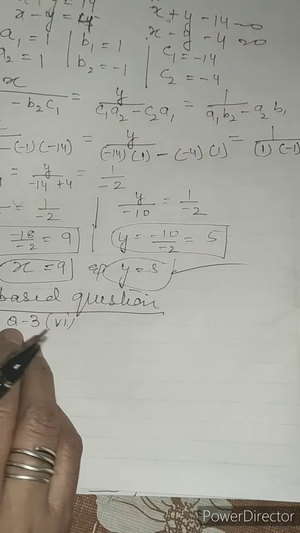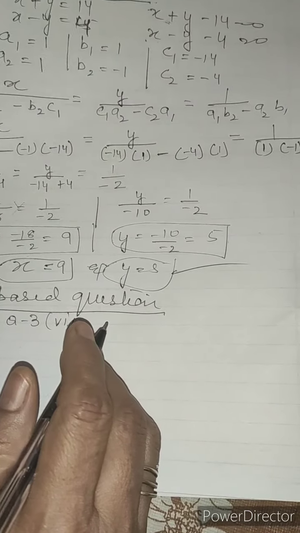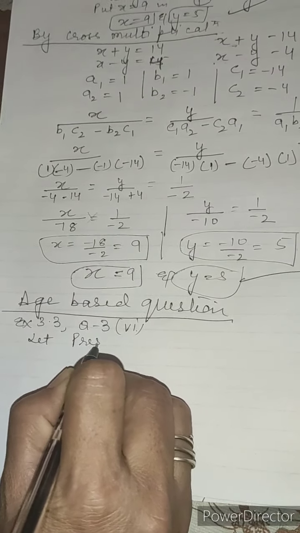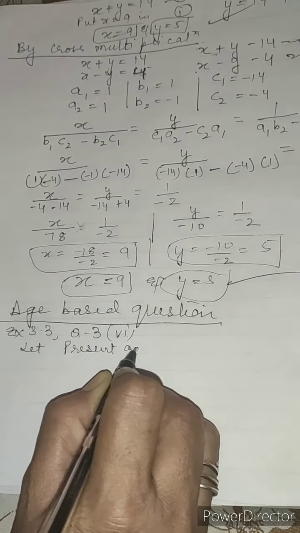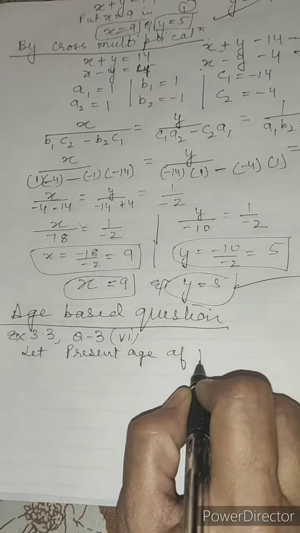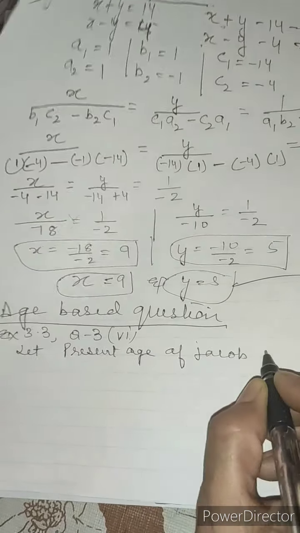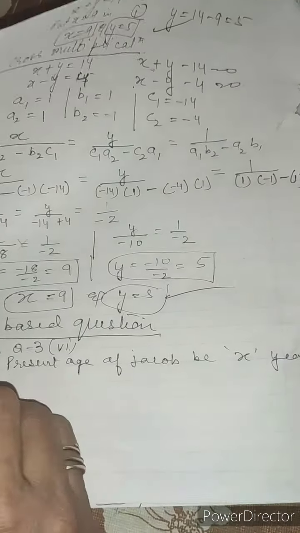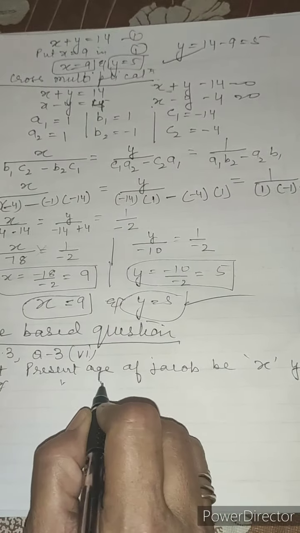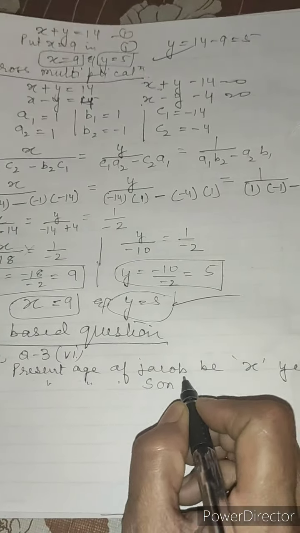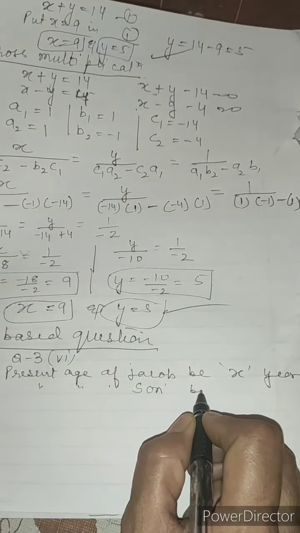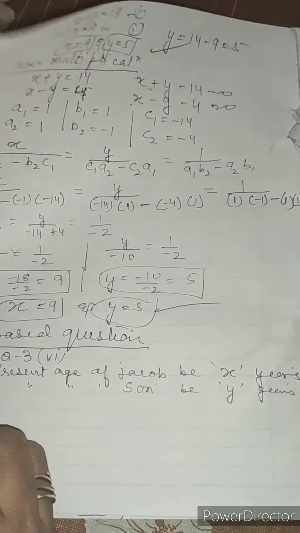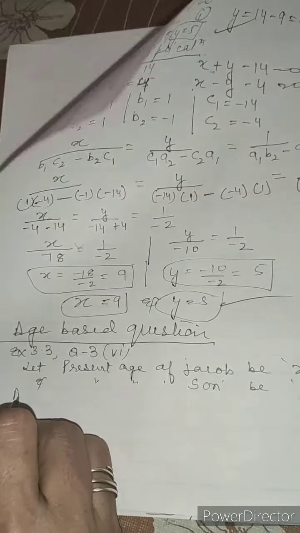As I said, we will assume the present ages. So let the present age of Jacob be x years and the present age of son be y years. Now he is discussing after 5 years.